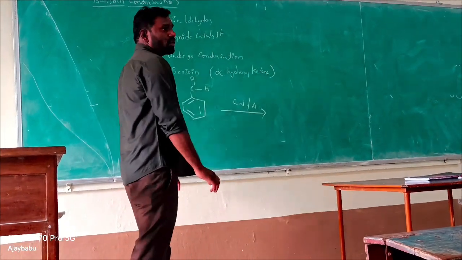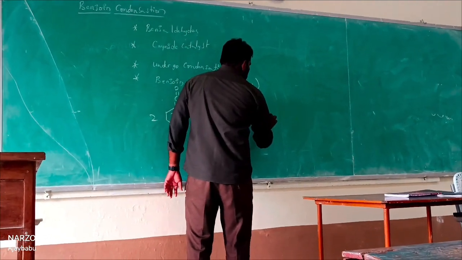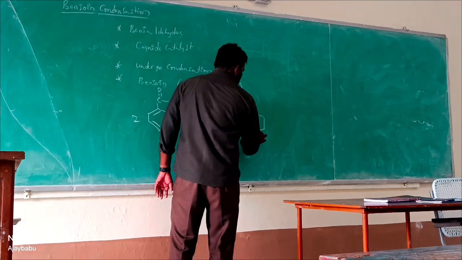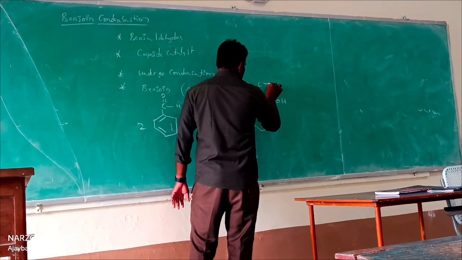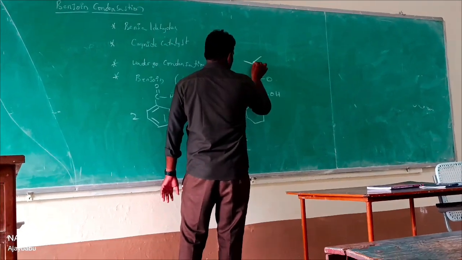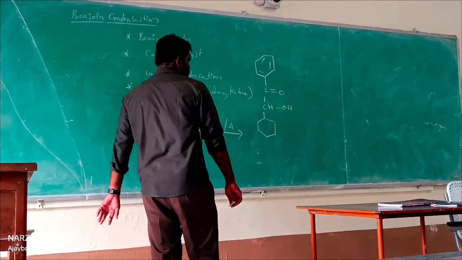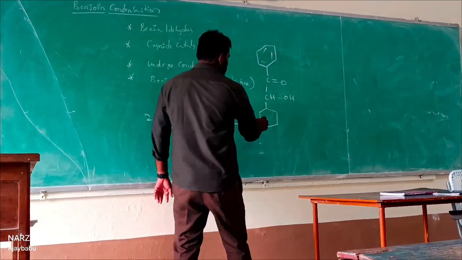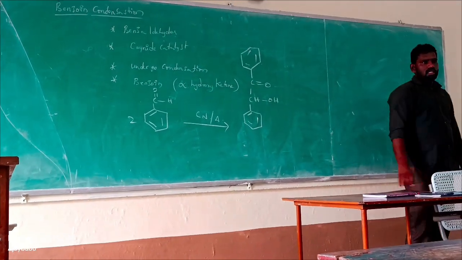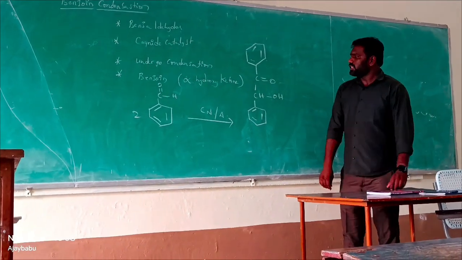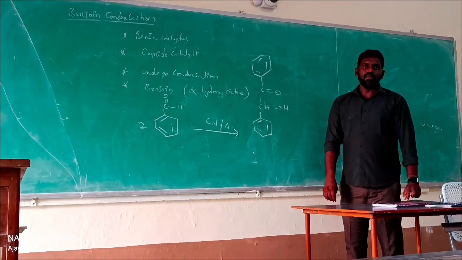This gives OH and C double bond O. So this one is benzoin, an alpha hydroxy ketone. The product is alpha hydroxy ketone, and this alpha hydroxy ketone is also known as benzoin.